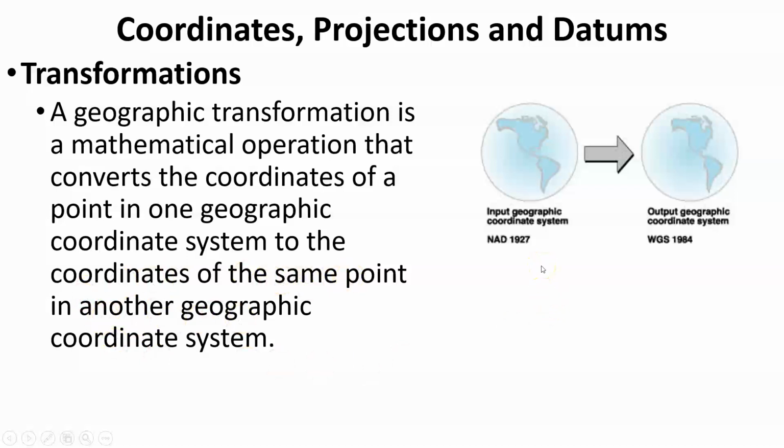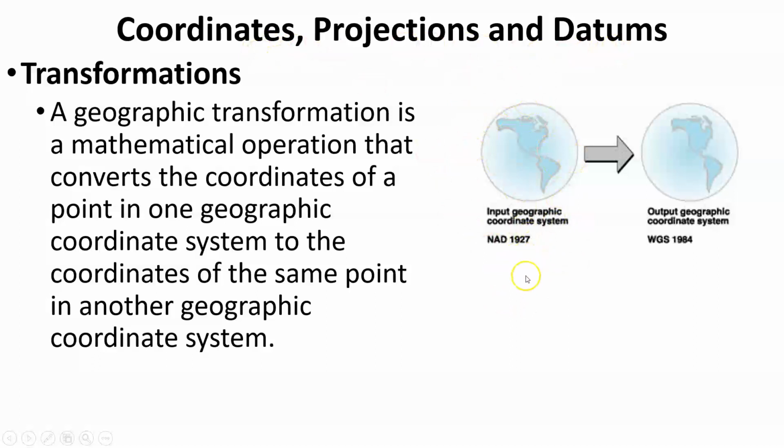One of the most common is updating data from NAD27 to WGS84 or NAD83. This can happen, for example, if you are working for a county or a city government and they are digitizing or scanning maps, or they are bringing in shapefiles that were originally recorded in NAD27, anything that might have used the NAD27 datum.